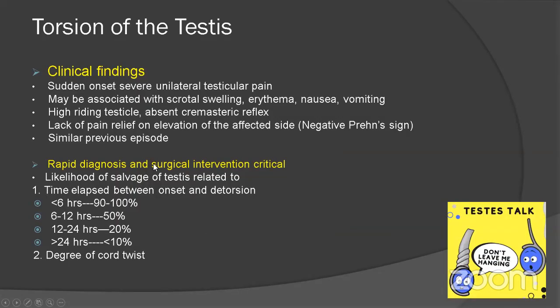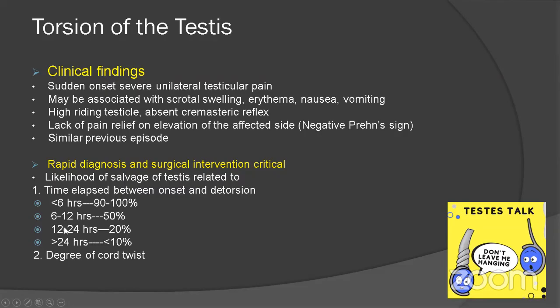We'll just skip the clinical findings, but I want you to be aware that the likelihood of salvage of the testis is related to the time elapsed between the onset of torsion and detorsion. So time is critical, and the salvage rate goes down as time lapses. And not only the time elapsed, it's also the degree of cord twist.